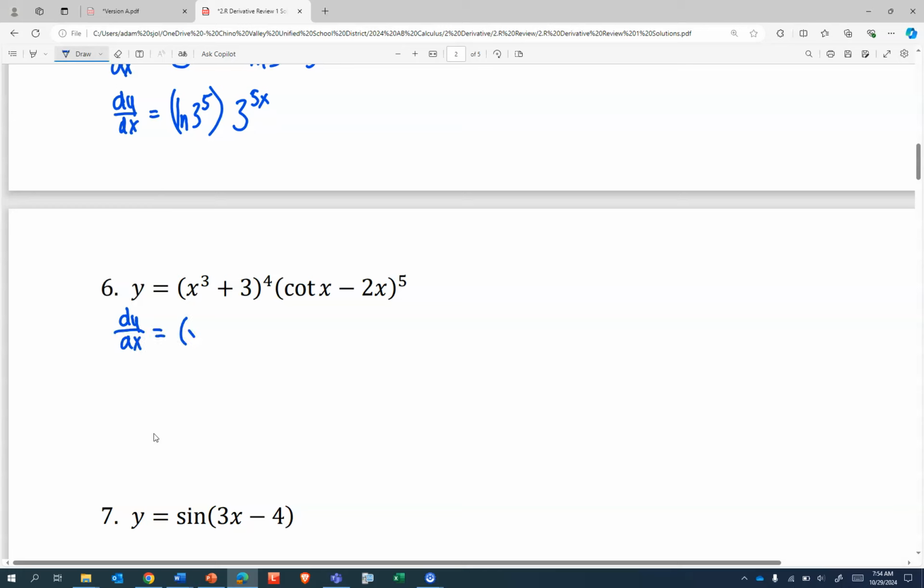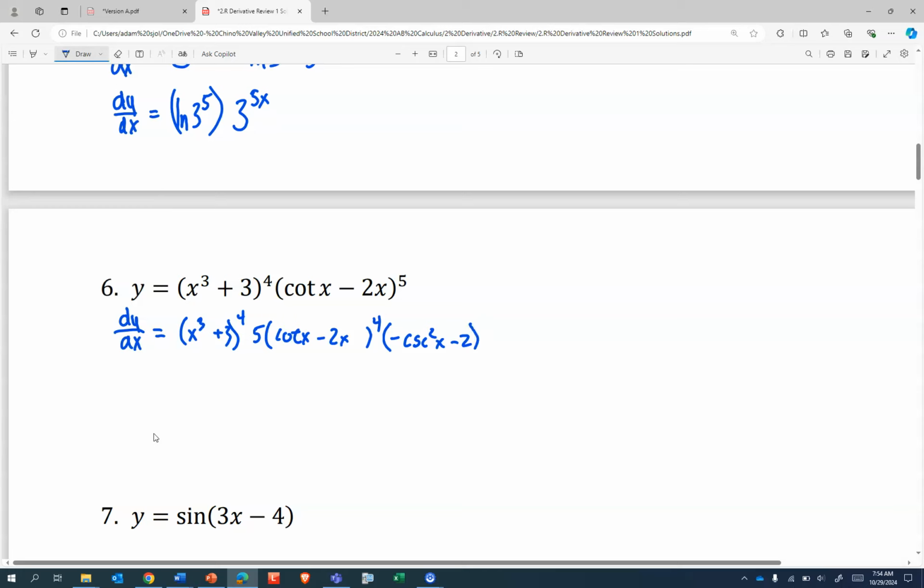Okay, so the first function times the derivative of the second function, 5 stuff to the fourth. And that stuff is cotangent x minus 2x, don't forget parentheses, which has a rate of change. Derivative of cotangent is negative cosecant squared, and derivative of negative 2x is negative 2.